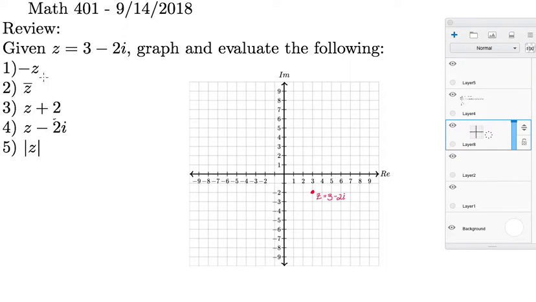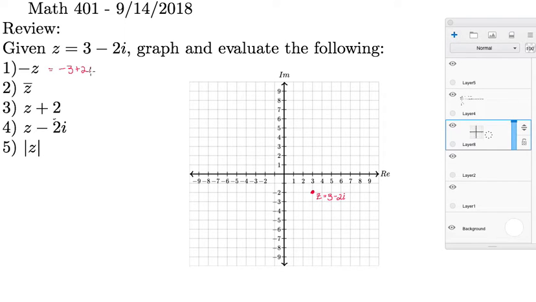Here, for number 1, we want to plot negative Z, or the opposite of Z. So for the opposite of Z, we take the signs given to us as positive 3 and negative 2, and we flip them. Just like the opposite of positive 3 is negative 3, the opposite of 3 minus 2i is going to be negative 3 plus 2i.